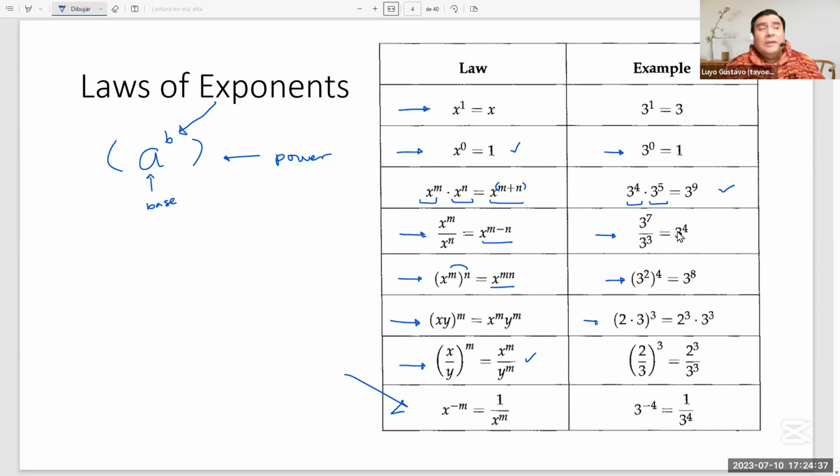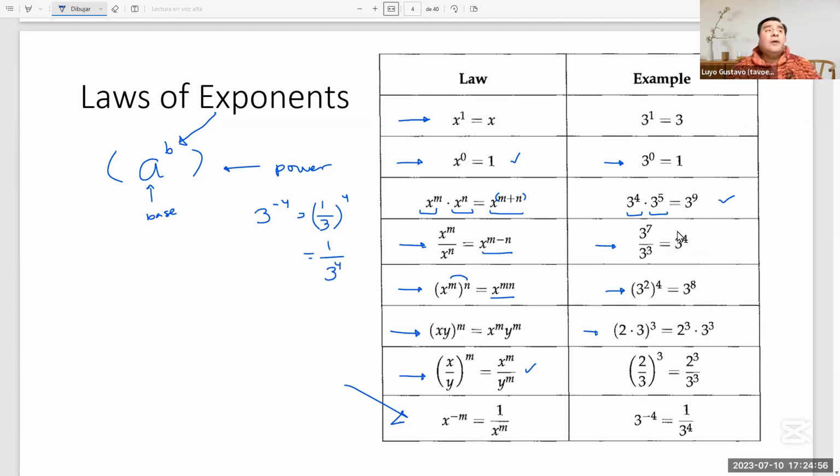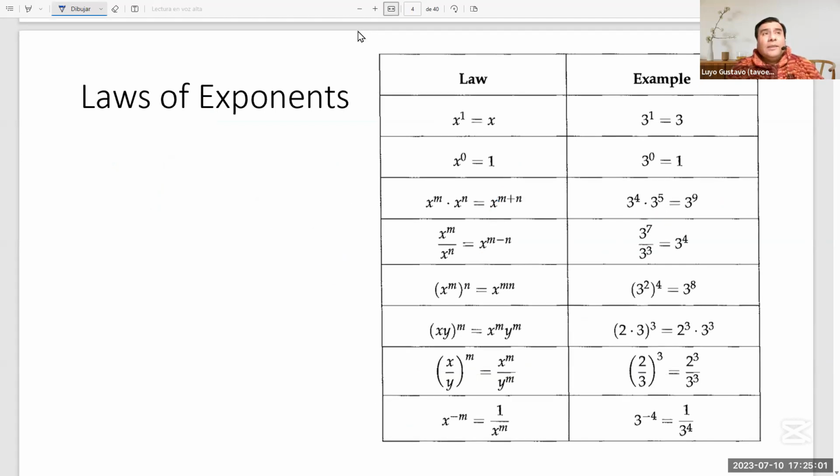For example, if you have 3 up to -4, imagine you have 1 over 3, that is the inverse of 3, up to 4, positive 4. But of course, 1 up to 4 is simply 1, so 3 up to 4, and you get this, right? So that's a way you can interpret negative exponents.